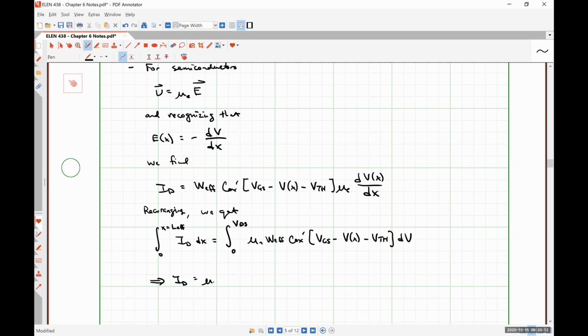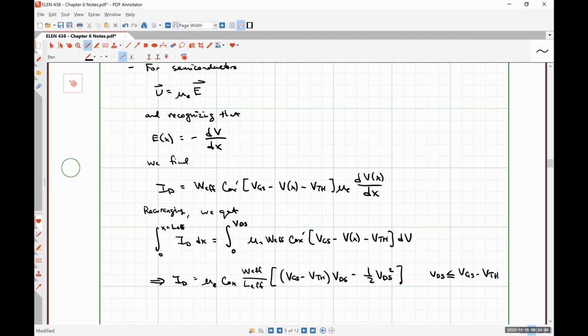ID is equal to mu E Cox W effective over L effective, times (VGS minus VTH) VDS minus 1/2 VDS squared, for VDS less than or equal to VGS minus VTH.